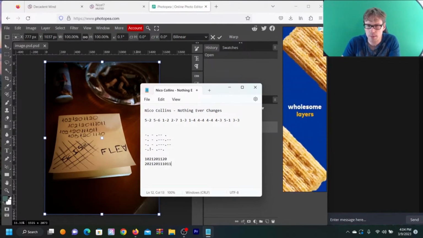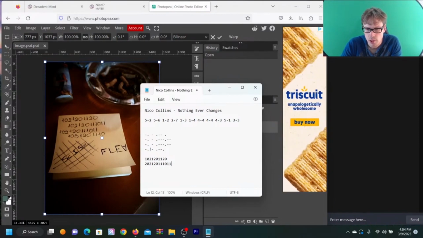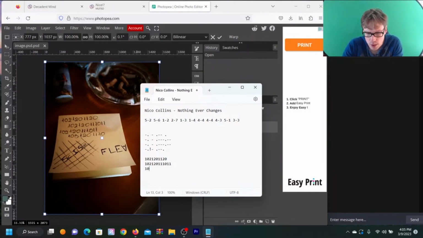So that one is legitimately longer. Also, this is incorrect. How did I get a 2 to start? Should be a 1. There we go. 1, 0, 2, 1, 2, 0, 1, 1, 1, 0, 1, 1.